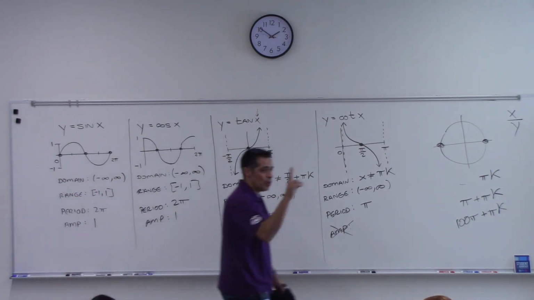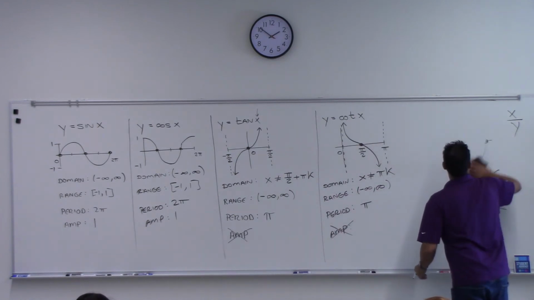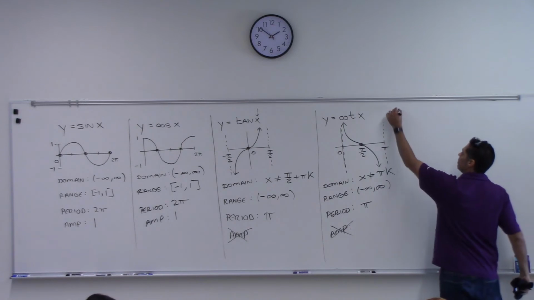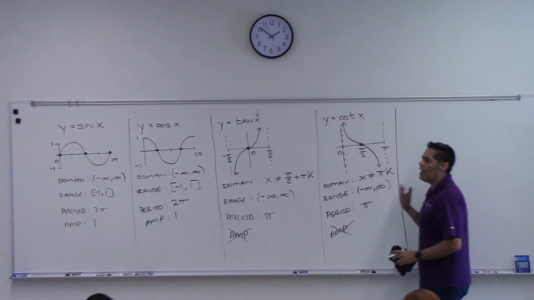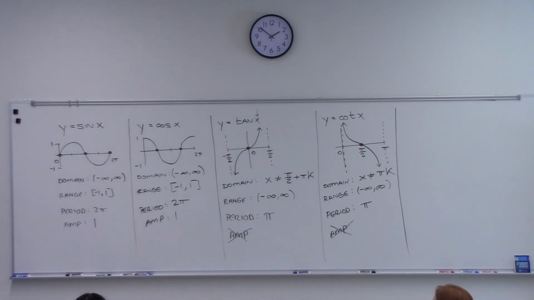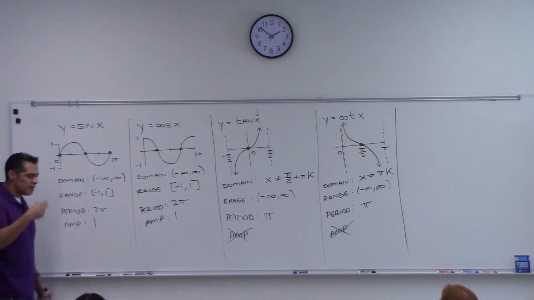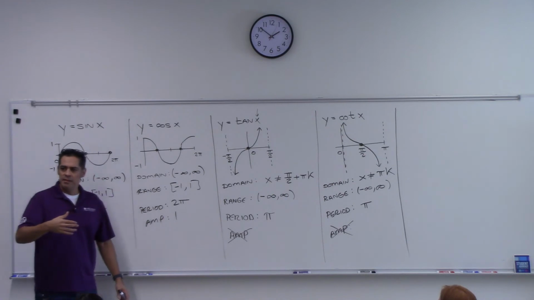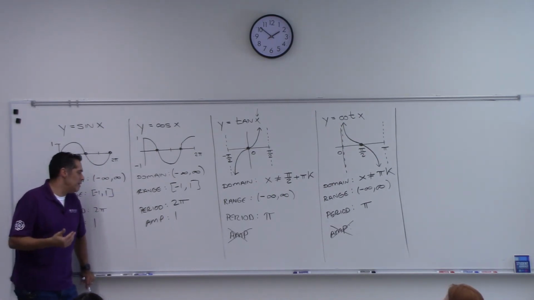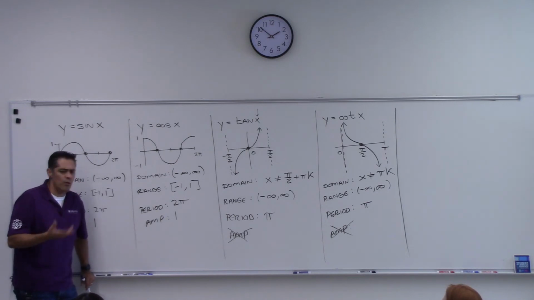Okay, 2 more. Just to give you a heads up, what we're trying to achieve in this class, as somebody who teaches Cal 1, Cal 2, Cal 3, is to get you into a Cal 2 class and be like, okay, we've got tangent of 4x.